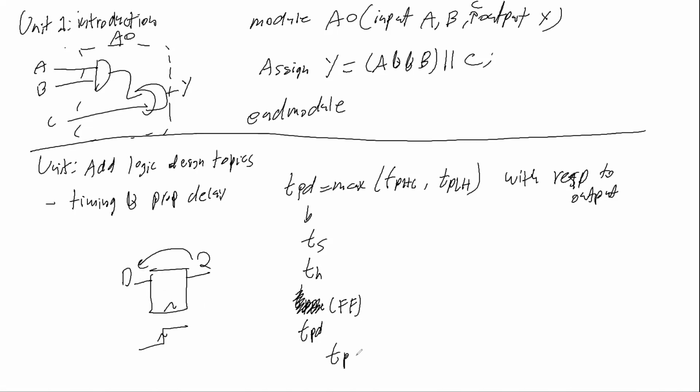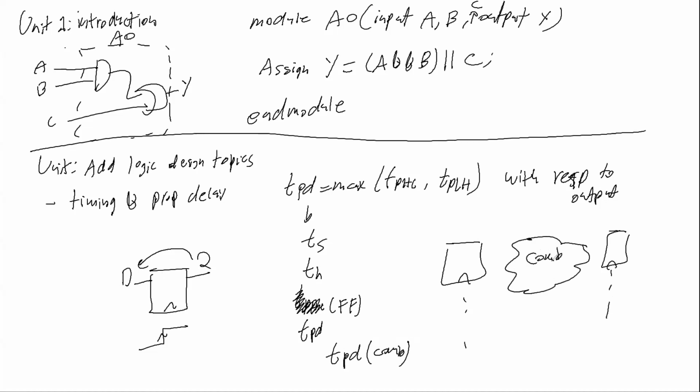We also had the propagation delay, TPD, of the combinational circuit. This is in a sequential circuit system. You're going to have a group of flip-flops and then another group of flip-flops here. In between, there will be some combinational logic. So the worst case through the combinational logic is going to be TPD combinational.